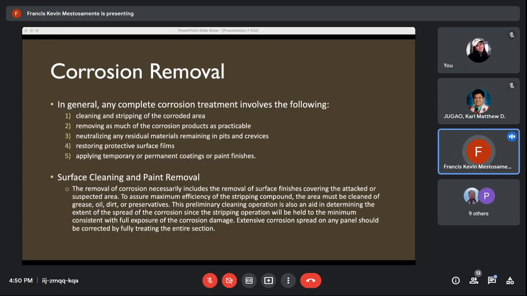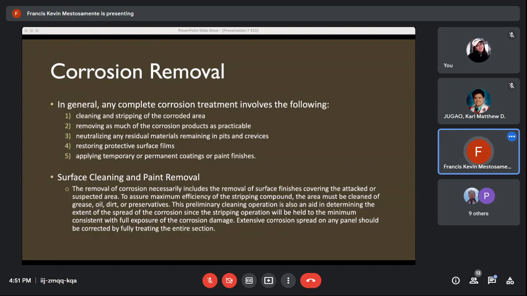Kasi ang corrosion, para po yung bacteria, pag hindi natin naubos, mag-gain yan uli, magkakaroon ng reoccurrence. So it's very important to remove. Neutralizing any residual material remaining in the pits and the crevices. So make sure na thoroughly clean. Afterwards, restoring protective surface film. So very important kung ano yung current protective surface film.